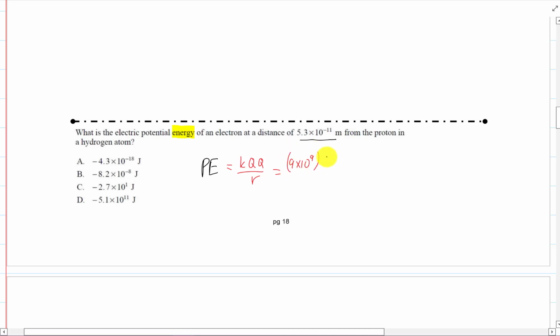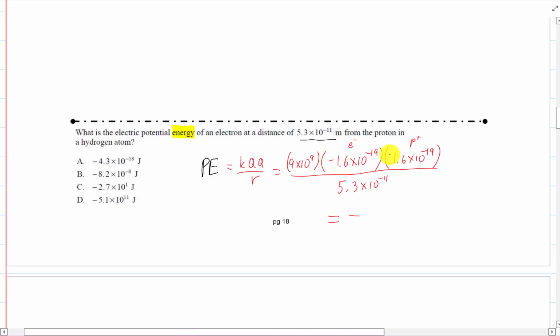9 times 10 to the ninth, negative 1.6 times 10 to the negative 19th. Okay, that's the electron. And the proton, 1.6 times 10 to the negative 19th, still negative. And when you plug that into Mr. Calculator, you get a negative.